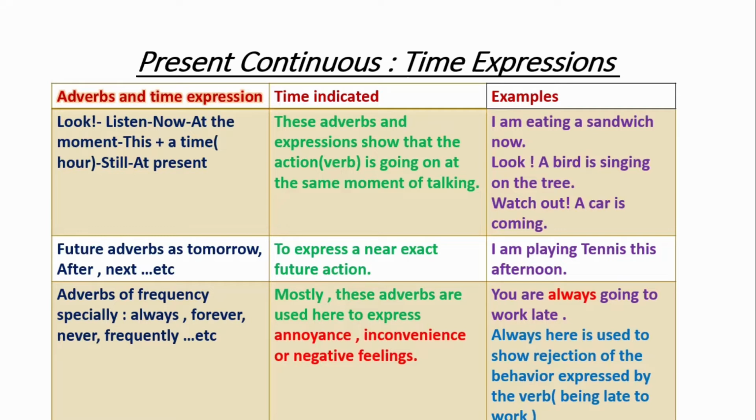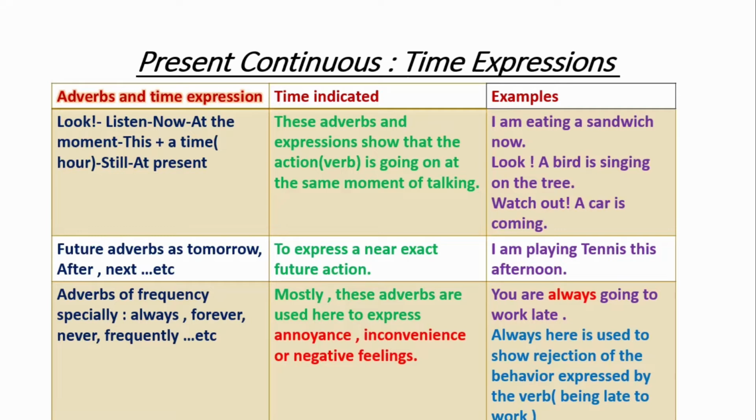Like, for example, when I say, you are always going to work late. Not "you go", this is "you are going". So this is present progressive, and we use always here. Always is one of the time adverbs for the present simple to show permanent habits in the present, but it is used here in the present continuous not to give a habit at all, but to give dissatisfaction.